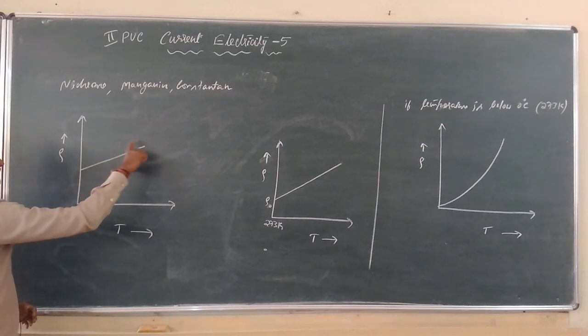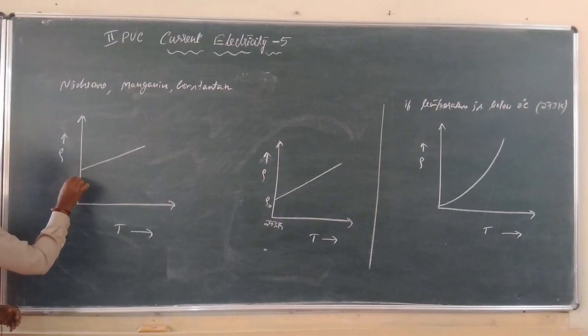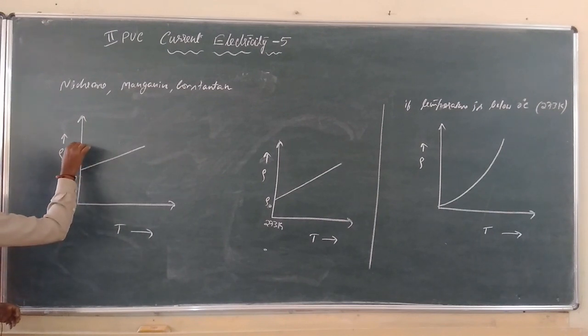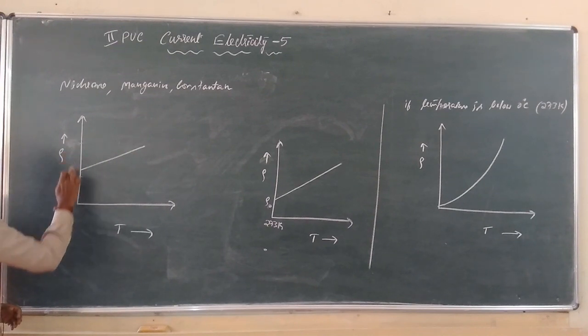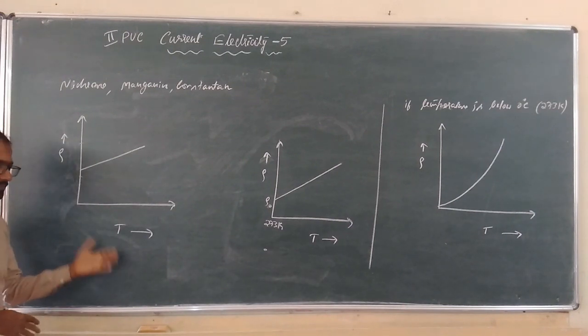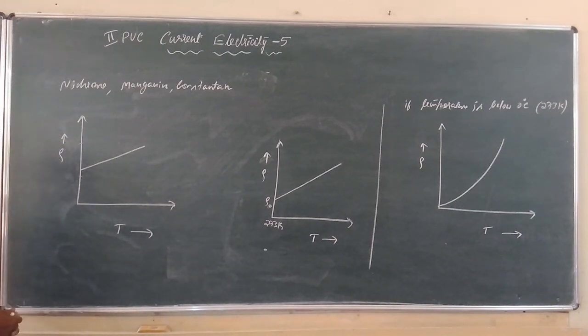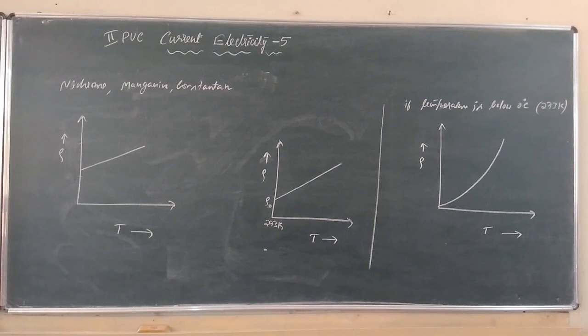In the case of nichrome, say this is 1.1 and this is 1.2. Like that, a small change in resistivity, which is very small and not significant. That variation of resistivity with respect to temperature can be neglected in these materials. Therefore, these materials are used in wire bound resistors.